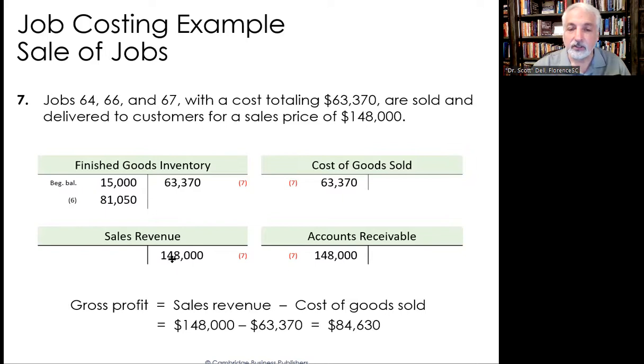In this case, we sold 148,000 worth of stuff at retail. We got receivables of 148,000, but it only cost us 63,370 in our finished goods to produce it, and we sold it for 148. So we have a gross profit of 148 minus the 63,370, for a total of 84,630.